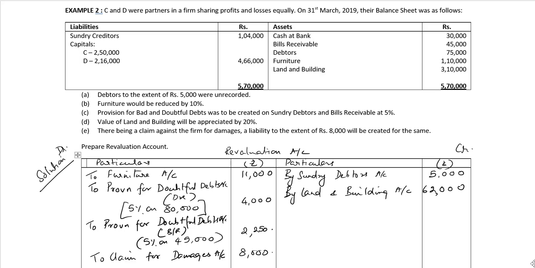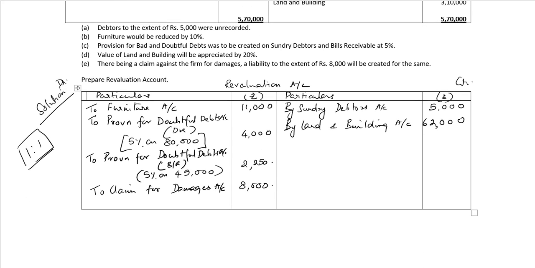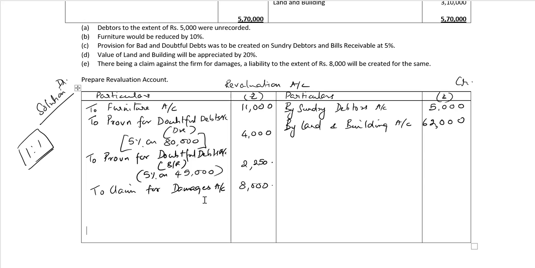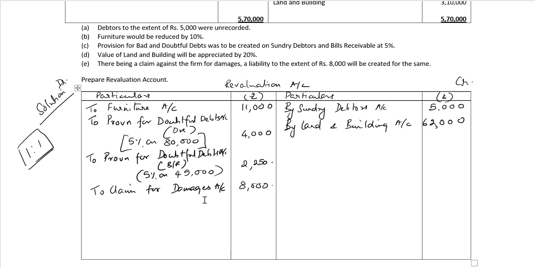The profit sharing ratio between the two partners C and D is equal. So any gain or loss on revaluation has to be distributed equally between C and D. The total of the credit side, 67,000 rupees.